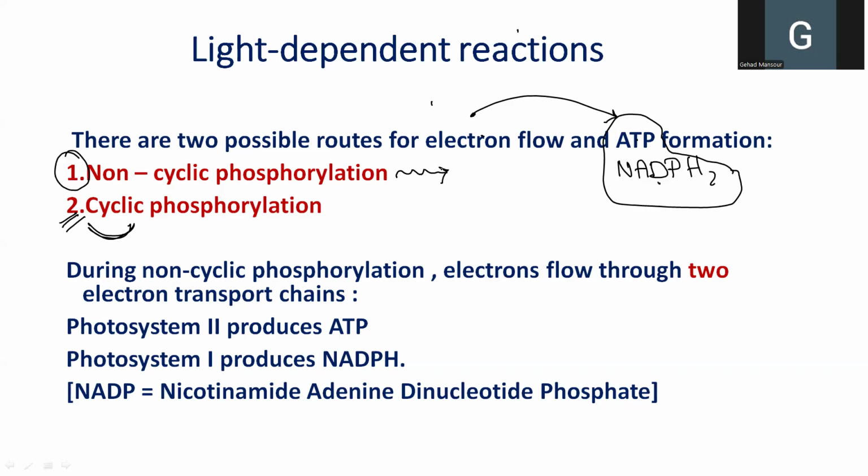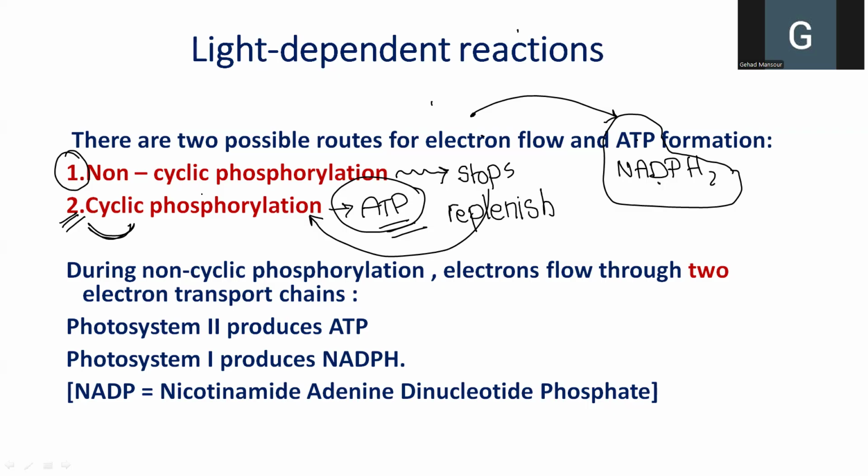So every now and then, the non-cyclic phosphorylation stops, and the plant turns to the cyclic phosphorylation that produces only ATP. When does this occur? This occurs when the stores of ATP are depleted and we need to replenish them. So we turn to cyclic phosphorylation that mainly produces ATP.